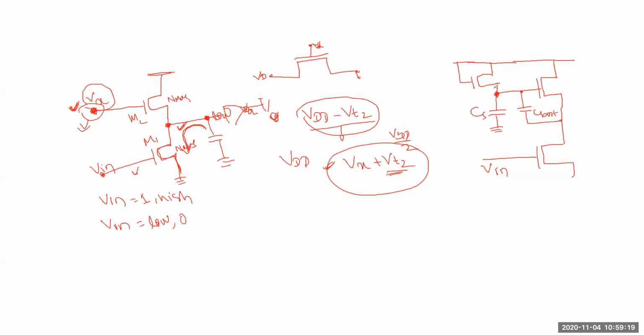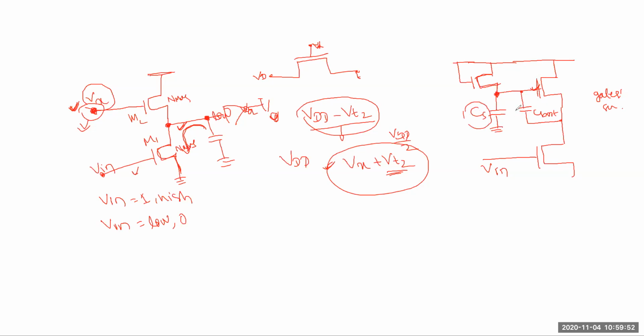Cs is from this point the gate to source capacitance, plus another capacitance in this region, from source to bulk or source to substrate. These two capacitances together are this Cs.